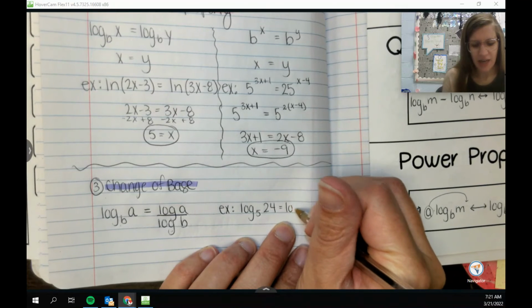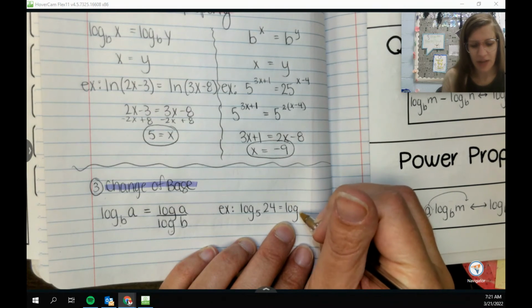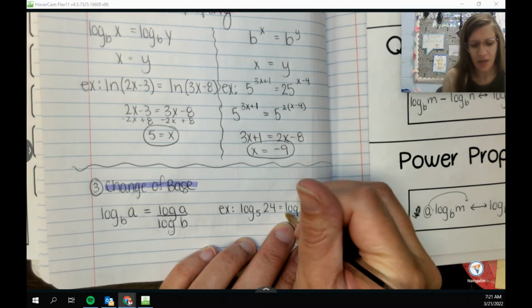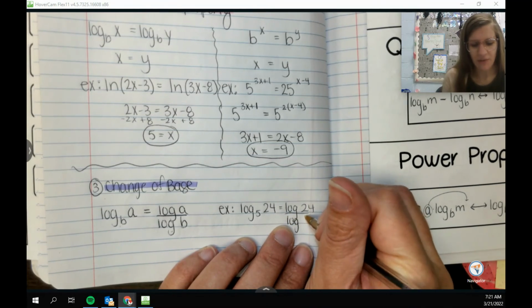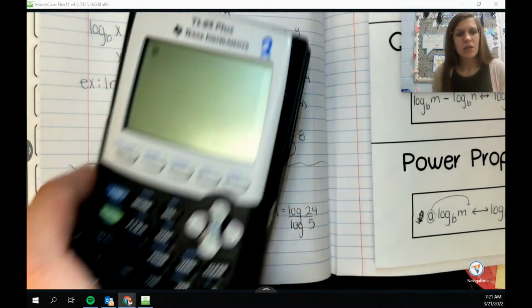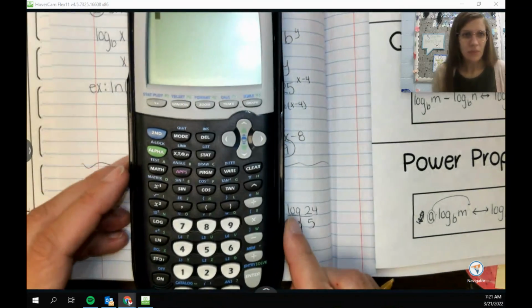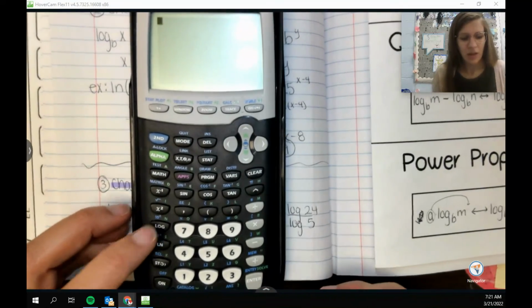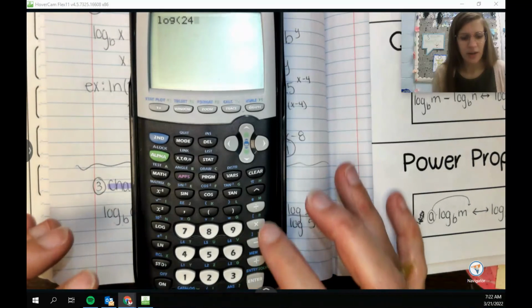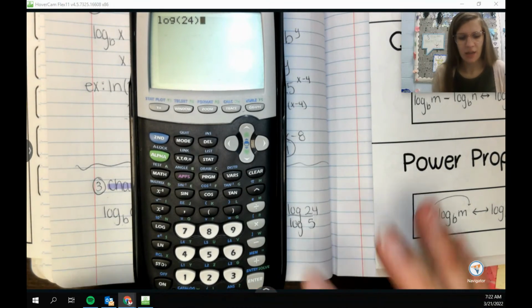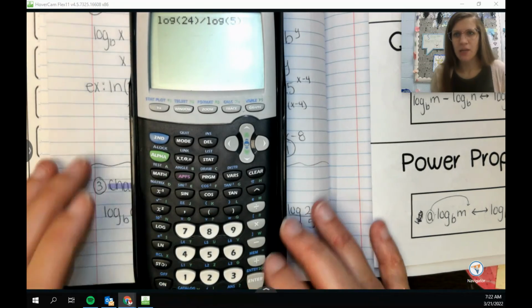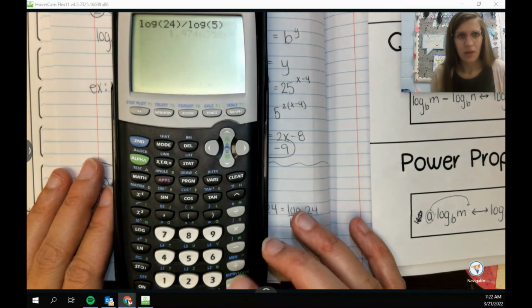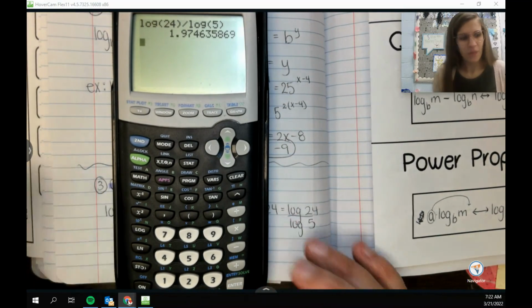And on my TI calculator, I am going to have to type in log base 10 of 24 divided by log base 10 of 5. So we would do log 24, and we want to end our parenthesis, divided by log of 5, and we're hoping for approximately 2, which we get.